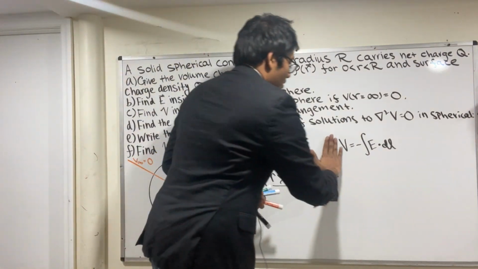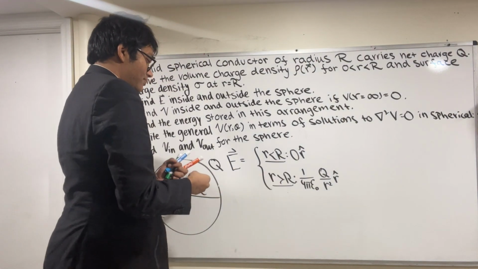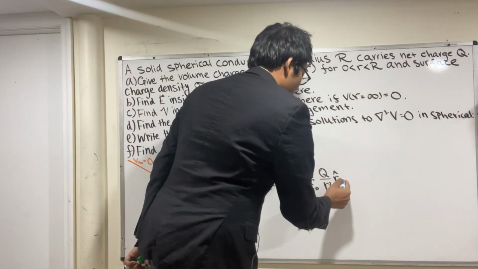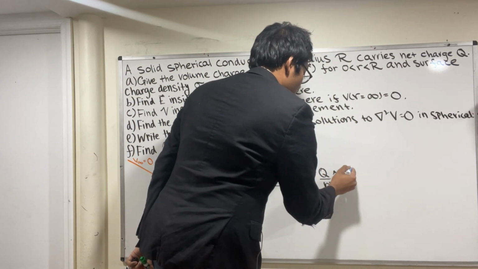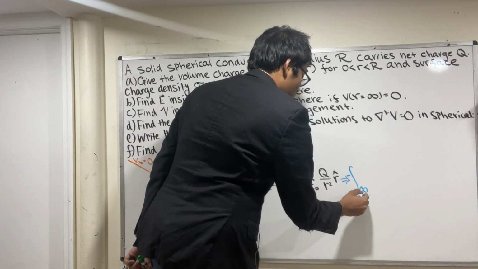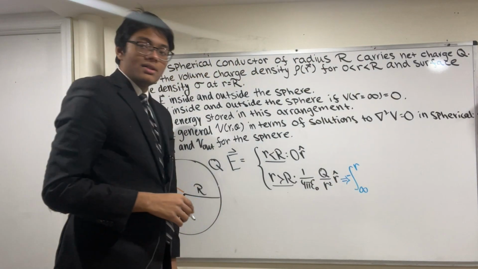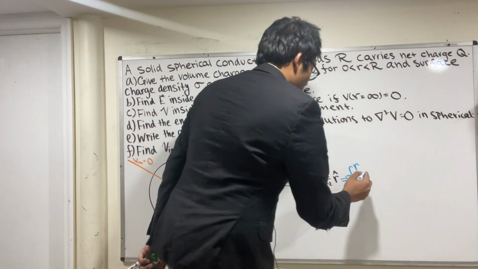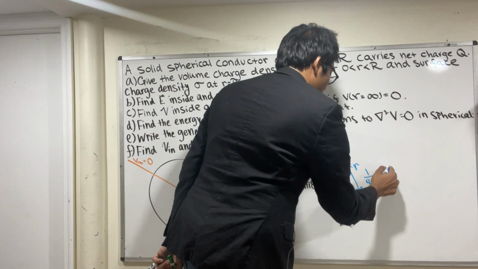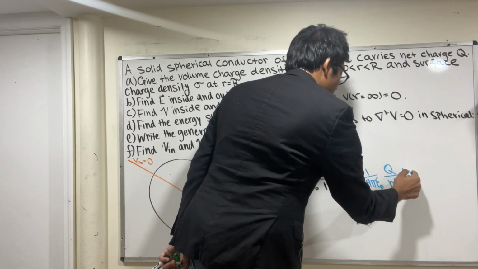So let's do it. I'm going to first integrate the outside electric field for the reason that I explained earlier, because it's closer to the ground. So I'm going to have minus the integral from infinity, from my ground, all the way out there, spatial infinity, to some stopping point, r prime equals r. And my integrand is going to be 1 over 4 pi epsilon naught q over r prime squared dr prime.